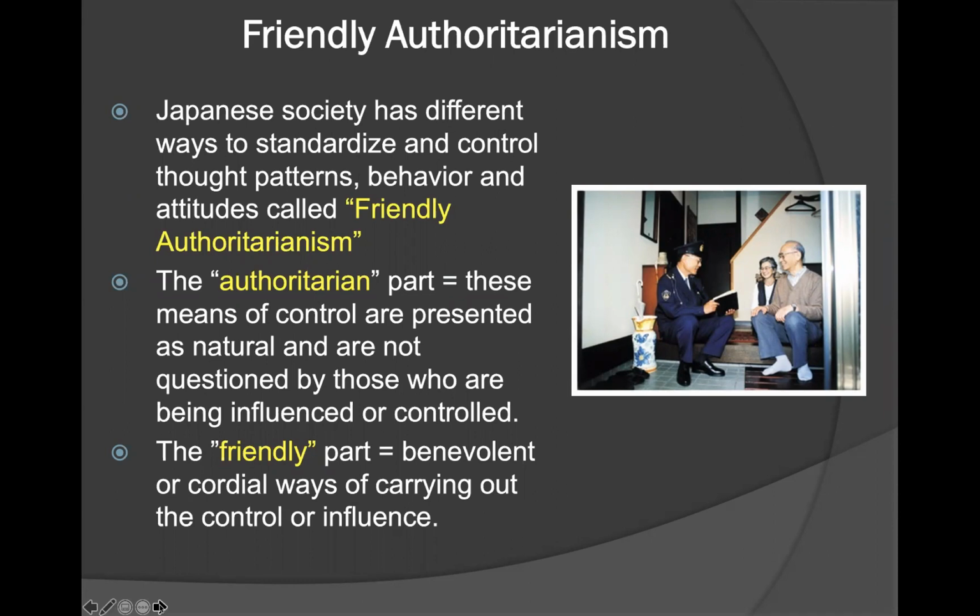The authoritarian part comes from the observation that these means of control are imposed from those in power and that this control is presented as natural and that it should just be accepted by those who are being influenced or controlled. Now, the friendly part comes from the way that control is implemented in a benevolent or friendly way, so that those being influenced don't really see it necessarily as coercive.